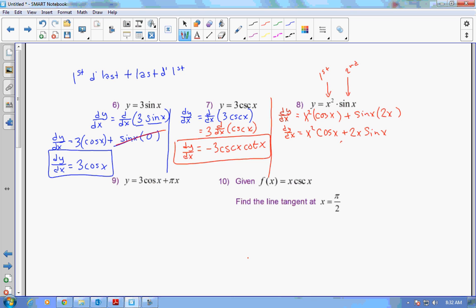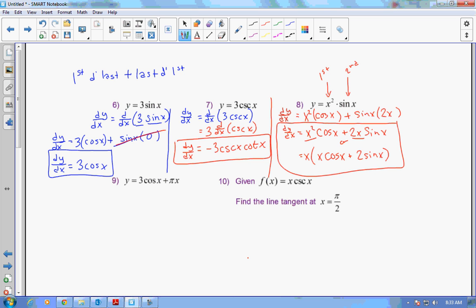Would this be the same thing as factoring out an x? You're writing x cosine x plus 2 sine x. Is that the same? Do they both have x's? So I pulled one out, which cosine still has an extra one. I just want you to get familiar seeing the same answer in different forms.